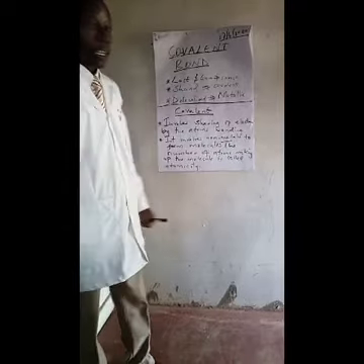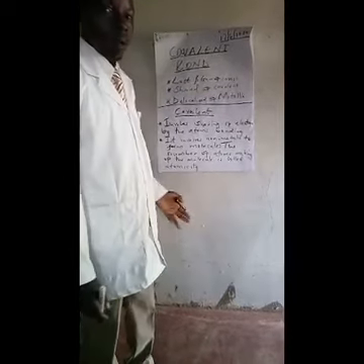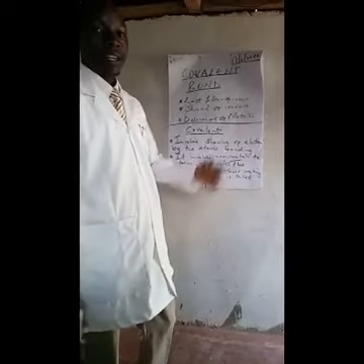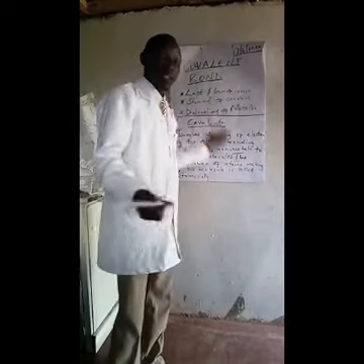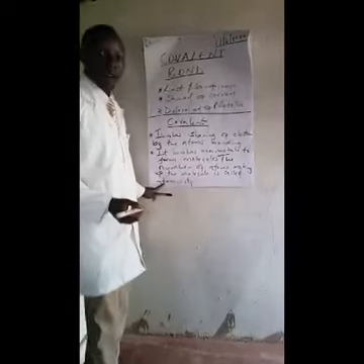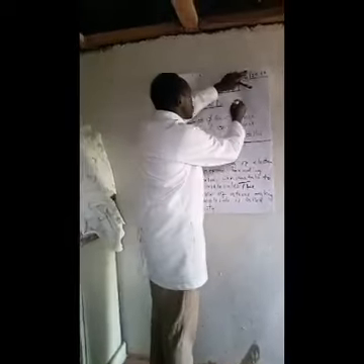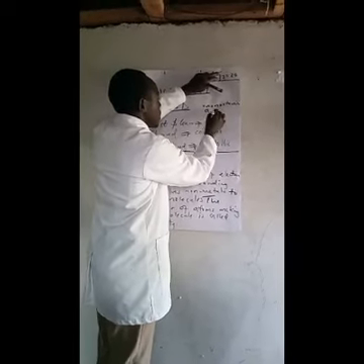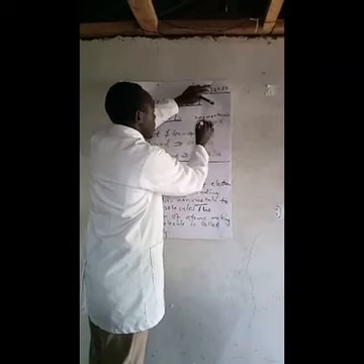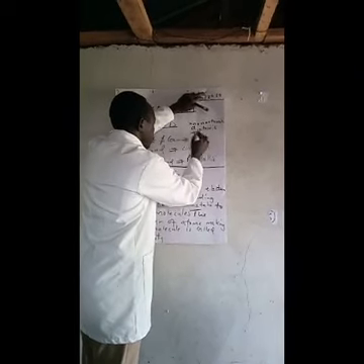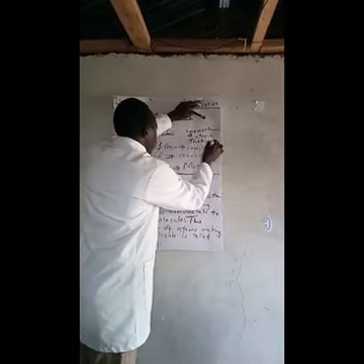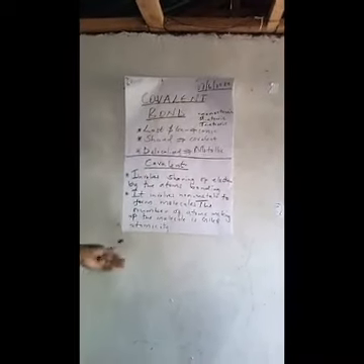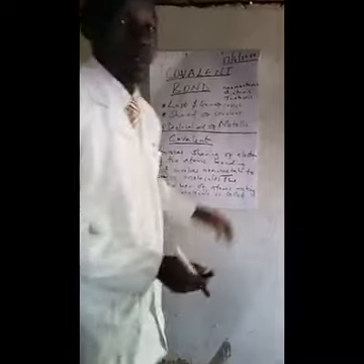When we did Gay-Lussac's law, we defined atomicity and we said we have three types of atomicity: monoatomic, diatomic, and triatomic, depending on the number of atoms that make up that molecule.